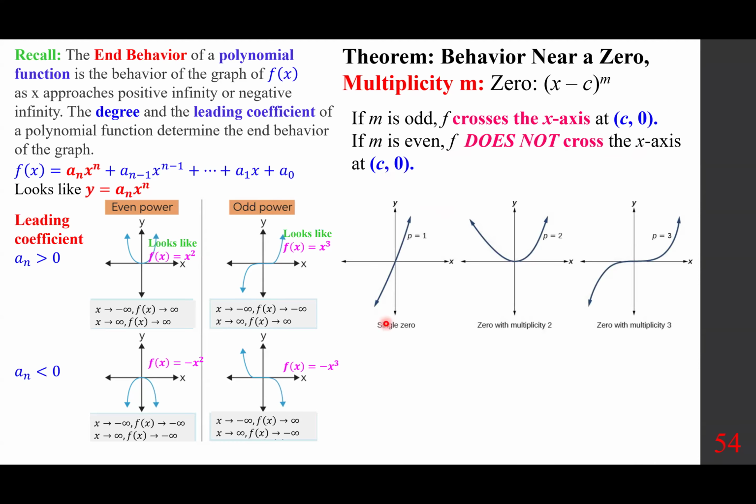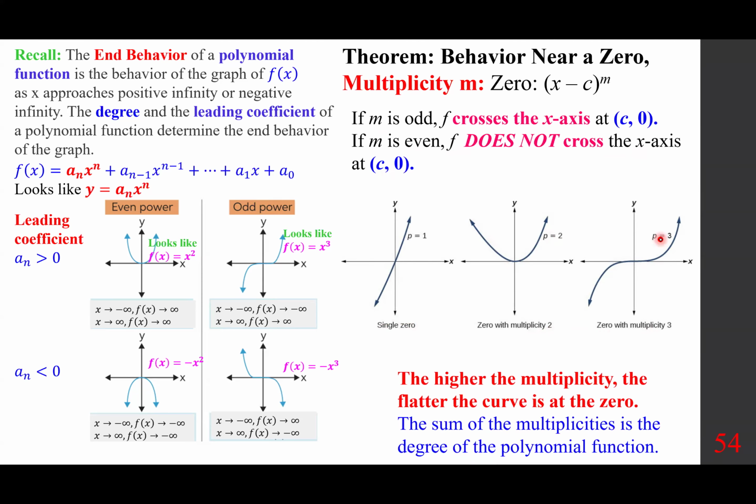So for example, here, just single, that means odd, multiplicity one. This one, multiplicity 2, even, as it hits it, it has to bounce back. This one crosses because, again, this is odd. The only thing you want to remember, the higher the multiplicity, the flatter the curve is at the zero. The sum of the multiplicities is the degree of the polynomial function, namely n.